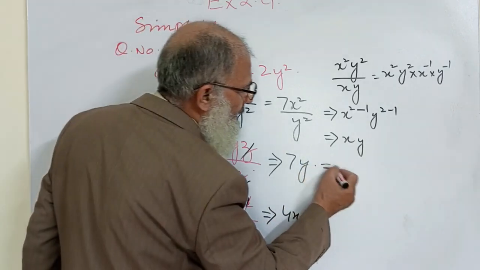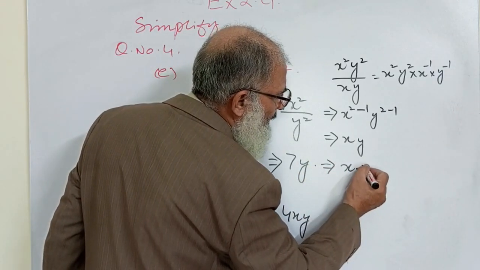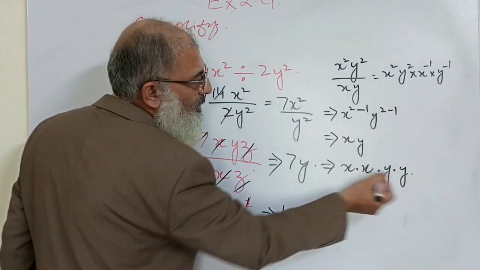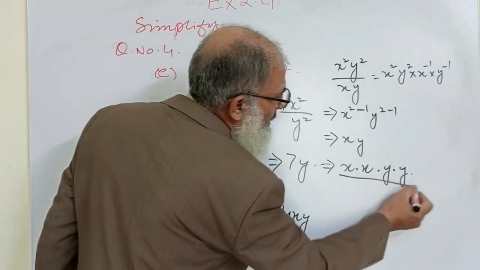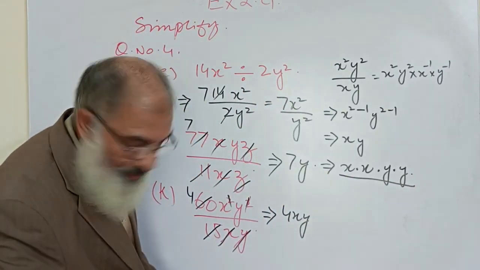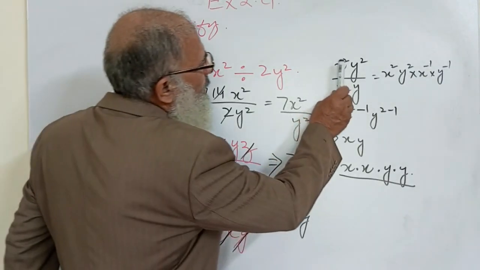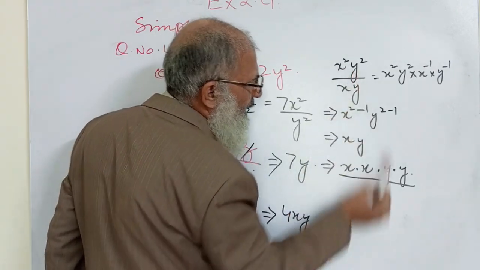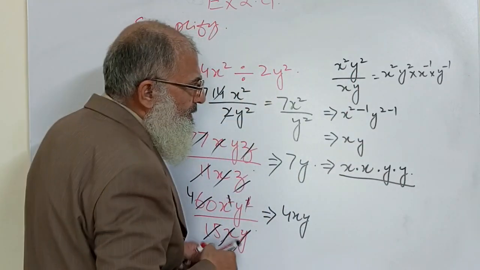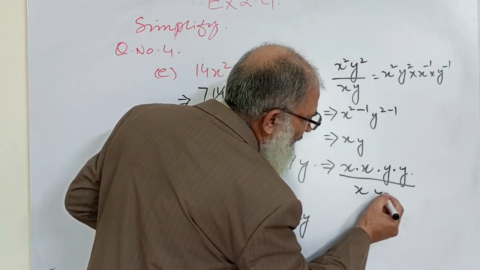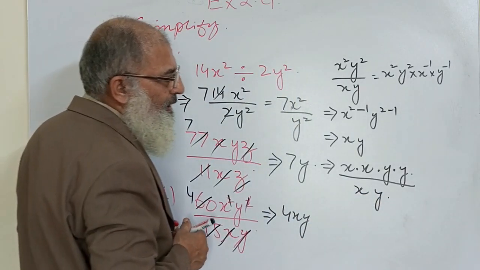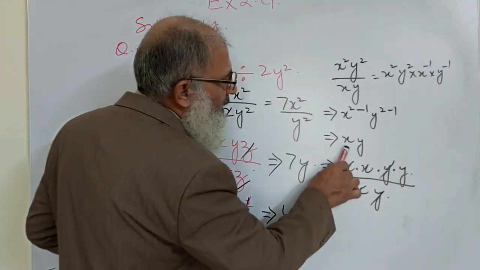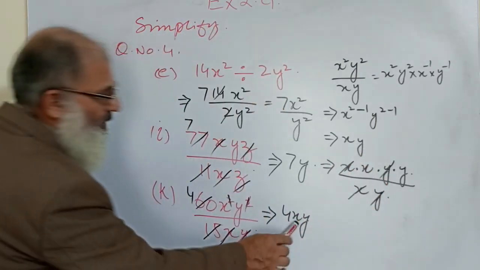Or you can do it like this as well: x·x·y·y, where the dot stands for multiplication, divided by one x and one y in the denominator. This x will cancel this x and this y will cancel this y. The answer will ultimately become xy.